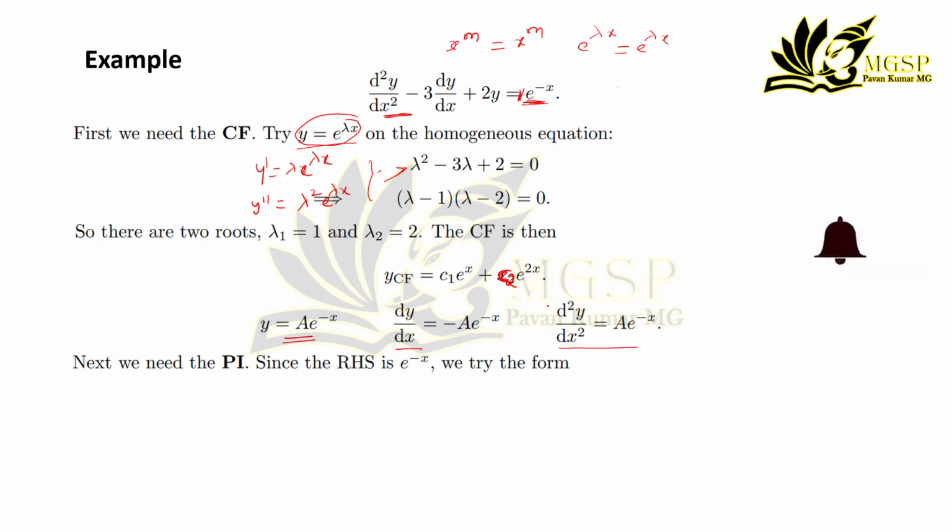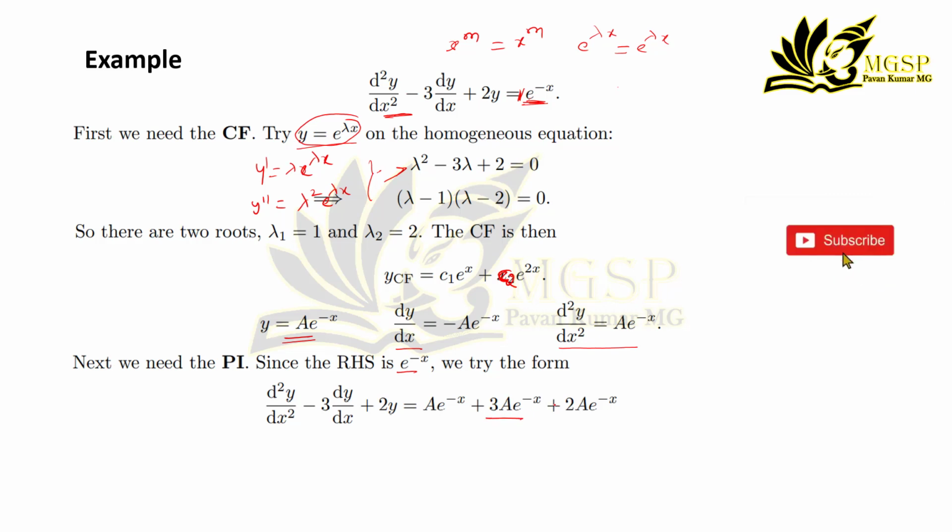Next we need to find the PI, since e power minus x is present on the RHS. So just put the LHS equal to RHS, like d square y by dx square is equal to a into e power minus x plus, how plus becomes minus 3 is there, 3 times minus a into e power minus x, that becomes plus 3a e power minus x.